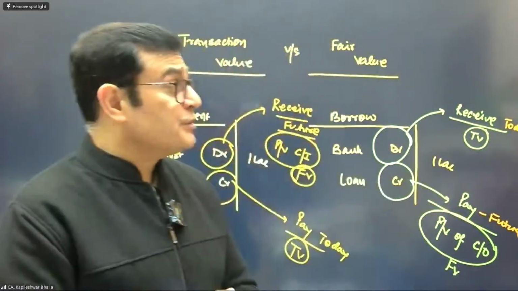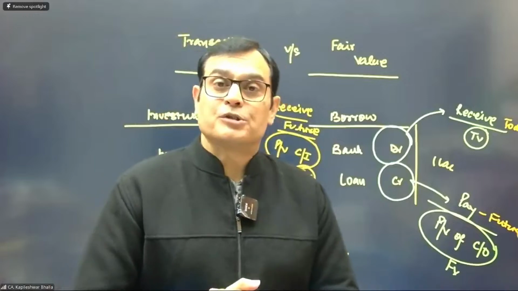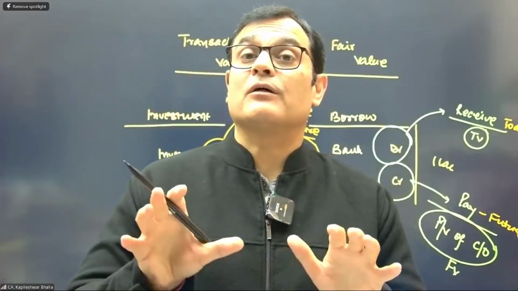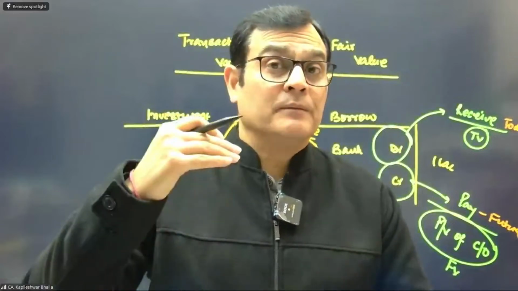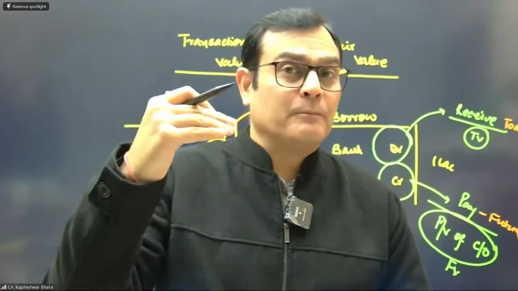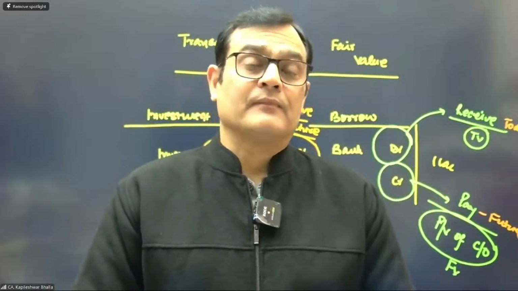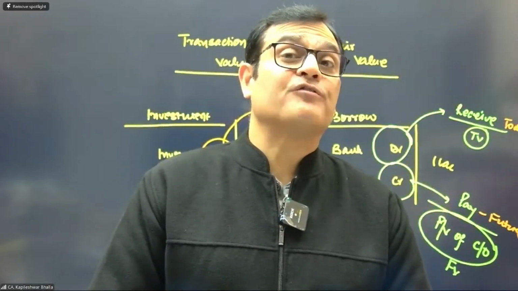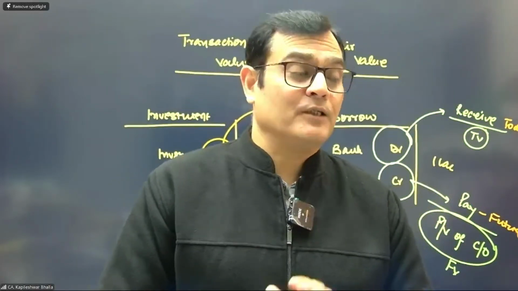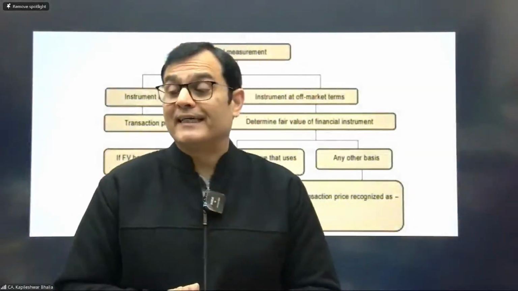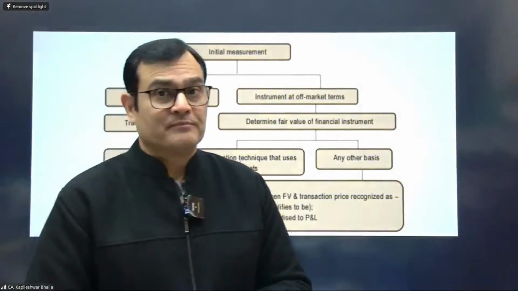Even if you look at the questions in the study material, the questions concentrate on differences arising on account of financial assets. So in my course of discussion, when I compare the transaction and the fair value, I am going to focus on the financial assets. I hope I made sense on the inputs of discussion. That is agenda number 3.